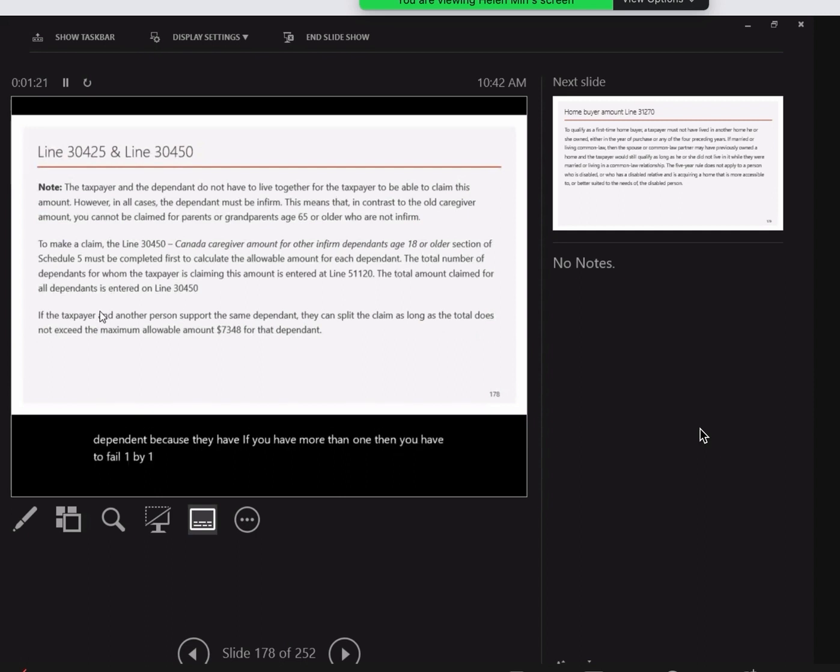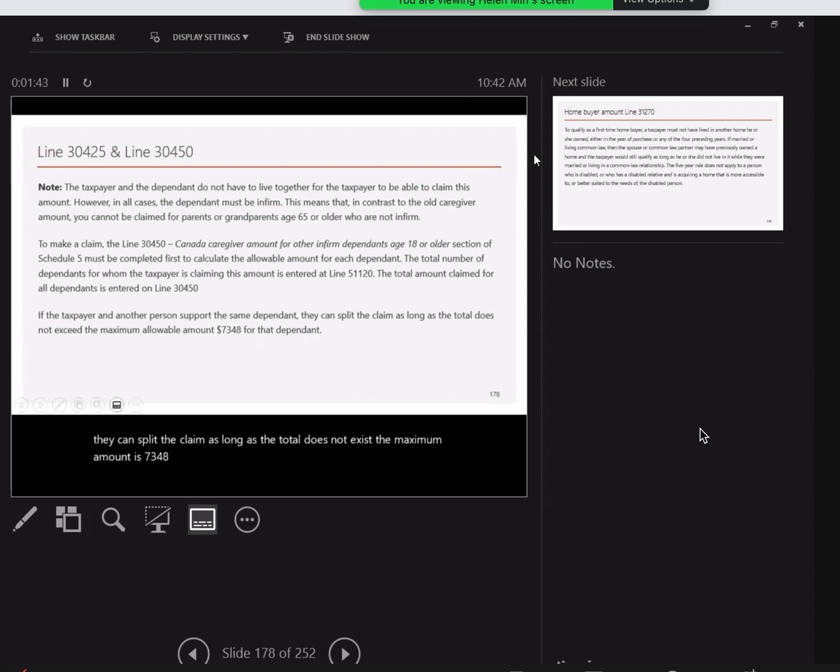If the taxpayer and another person support the same dependent, they can split the claim as long as the total does not exceed the maximum amount, 7,348, for that dependent.